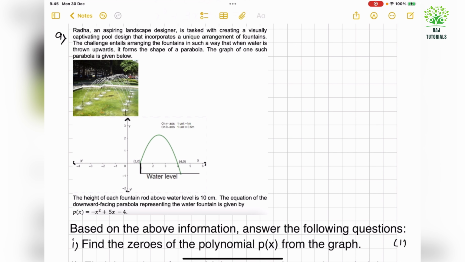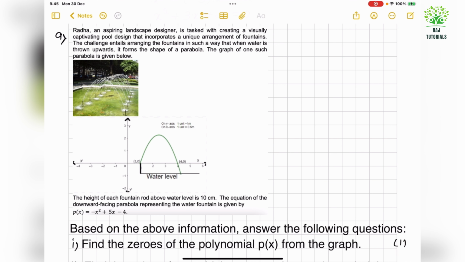Now, the ninth question says, Radha, an inspiring landscape designer, is tasked with creating a visually captivating pool design that incorporates a unique arrangement of fountains. The challenge entails arranging the fountains in such a way that when water is thrown upwards, it forms the shape of a parabola. The graph of one such parabola is shown.